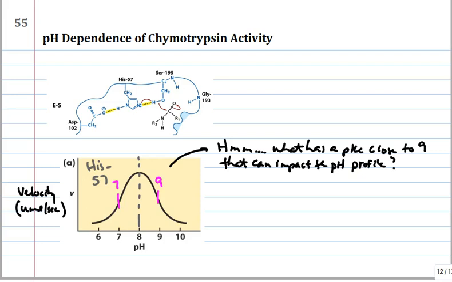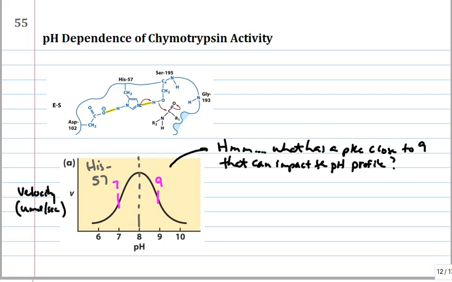Well, here we go. What we've got is some other ionizable side chains up here. So what else could it be based on what we've already talked about?